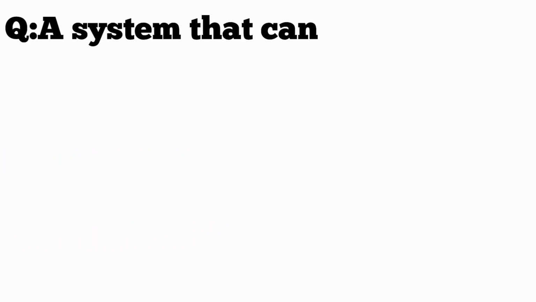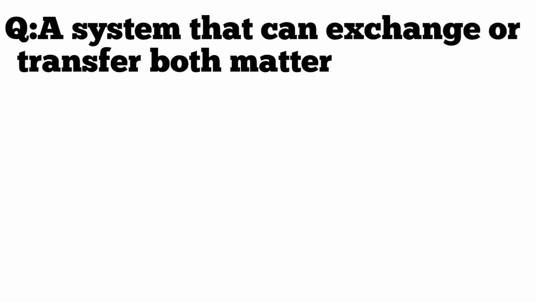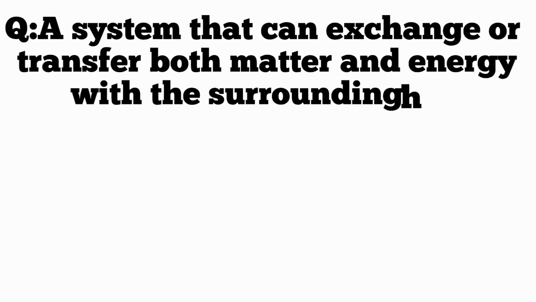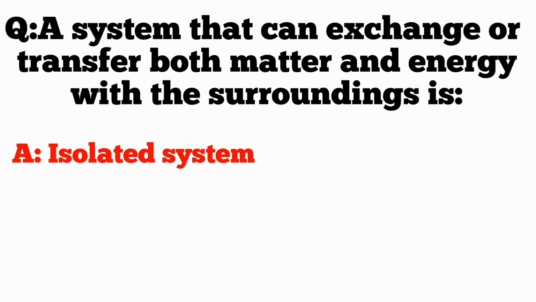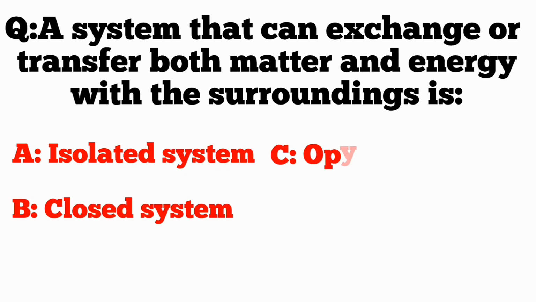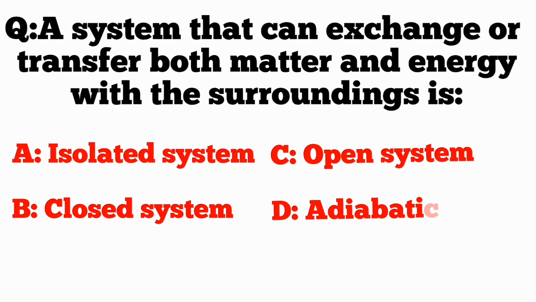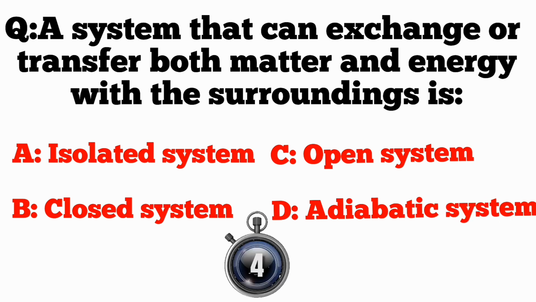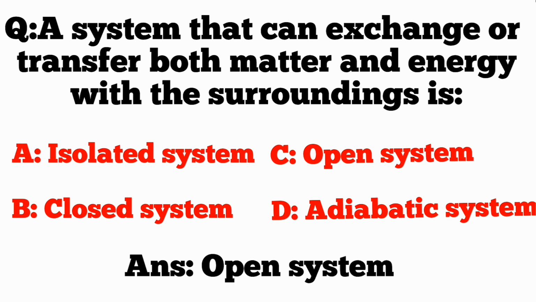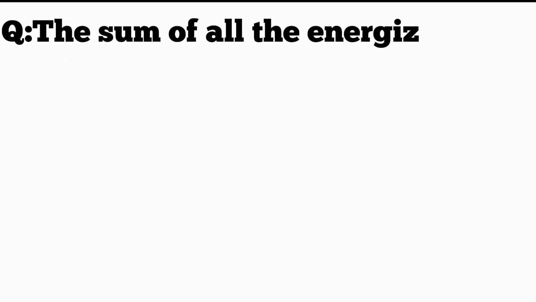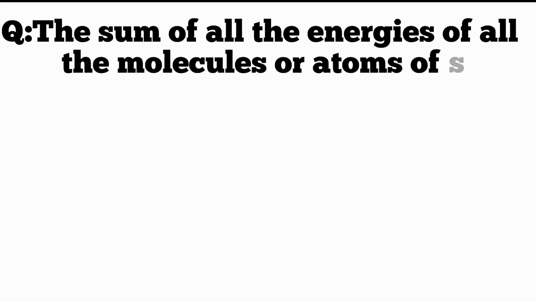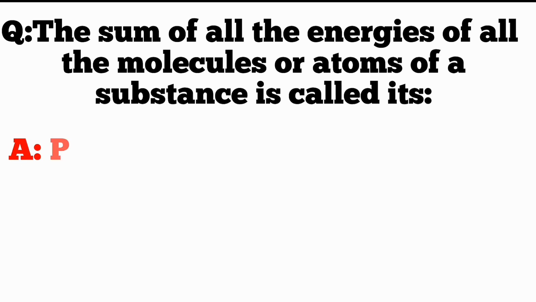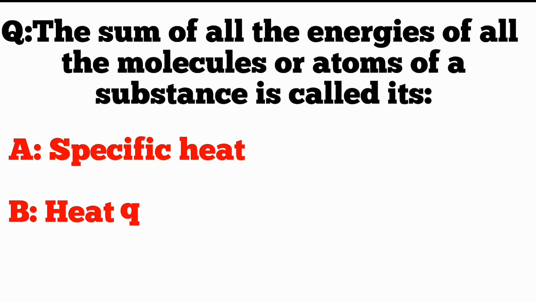Q. A system that can exchange or transfer both matter and energy with the surroundings is A. Isolated system. B. Closed system. C. Open system. D. Adiabatic system. Ans. Open system. Q. The sum of all the energies of all the molecules or atoms of a substance is called its A. Specific heat. B. Heat capacity.